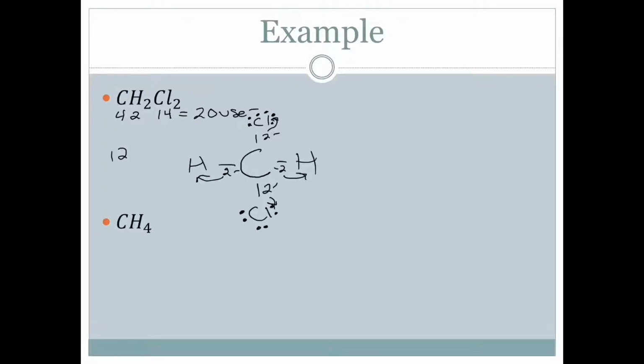Let's try CH4. First, count your valence electrons. We know carbon has 4, hydrogen has 1 times 4. That means it's 4, and we have 8 to play with. Carbon is going to be our central atom. Connect each one with a single bond.